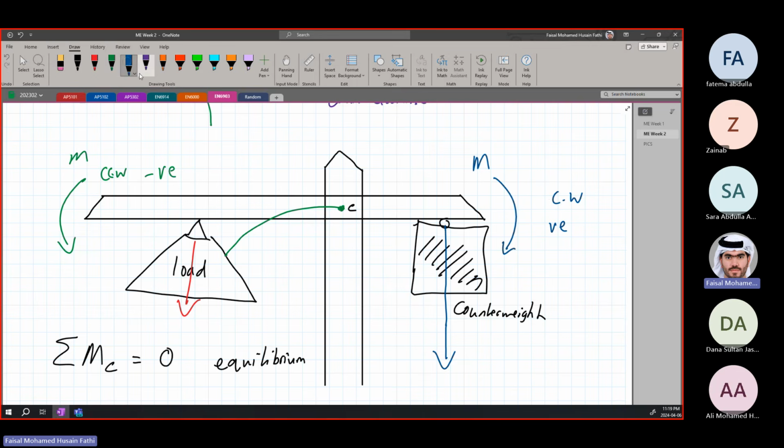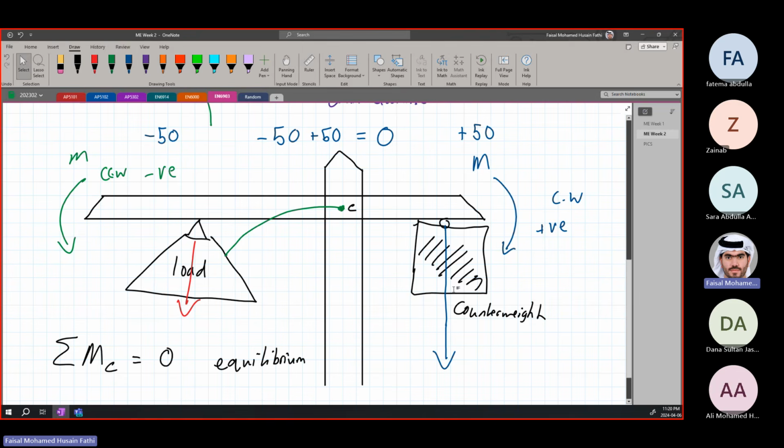The idea is when you have a positive and a negative moment, for example if this comes out to be plus 50 and this comes out to be minus 50, then 50 minus 50, adding them at the center, equals 0. So it will achieve equilibrium in our case, and there won't be excess weight causing any bending. There will be no bending in the whole scenario. So you will be able to design a safe design.